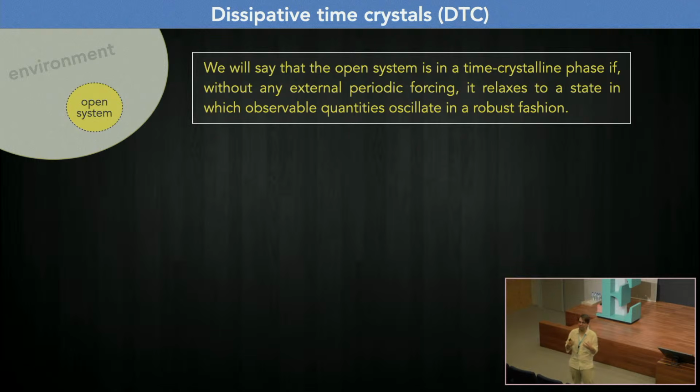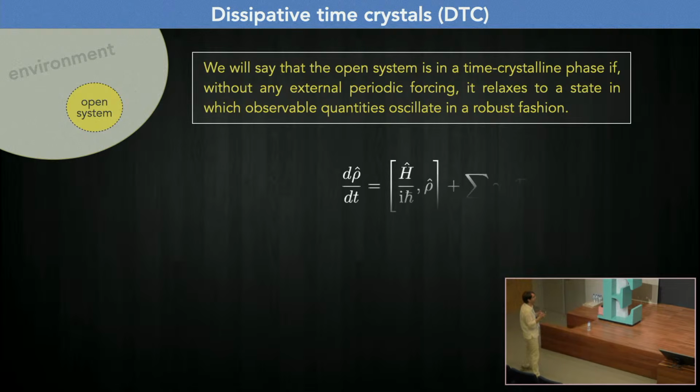We are not giving a clock to the system. We are not giving any information about time to the system. So without any external periodic forcing, it relaxes to a state in which observable quantities oscillate, and not only oscillate, but they oscillate in a robust fashion, like what I was talking about in a normal crystal.